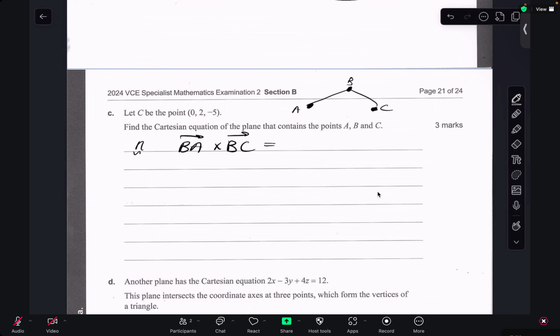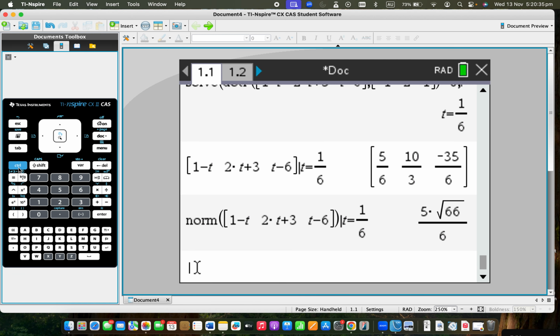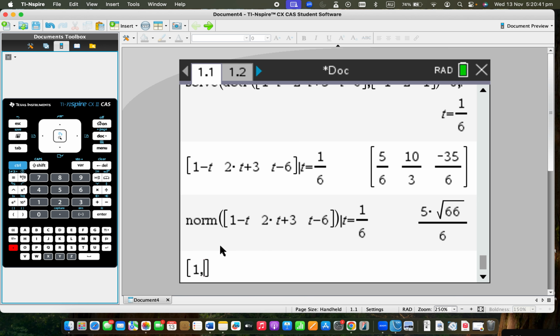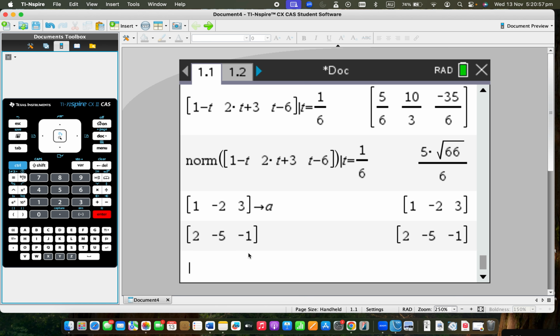Now, let me just define A, B, and C so I don't make any more mistakes. So A is 1, comma, -2, comma 3. Store that as A. B is 2, comma, -5, comma, -1.